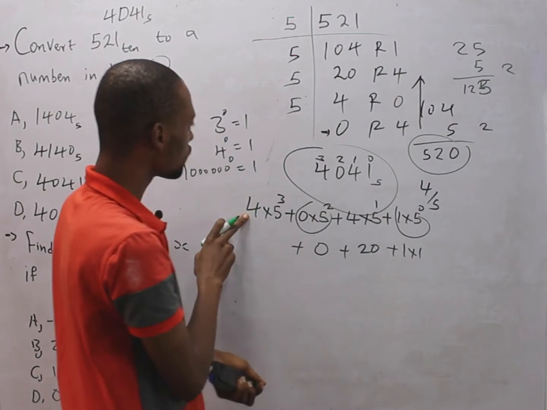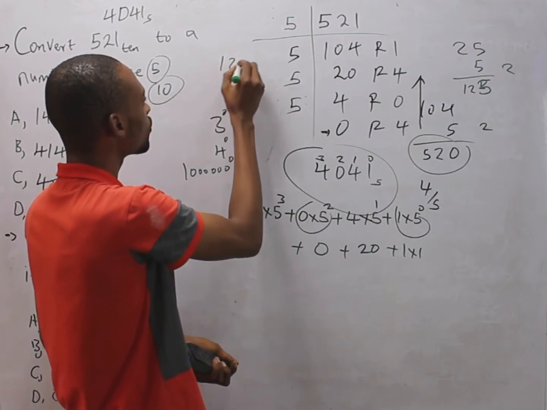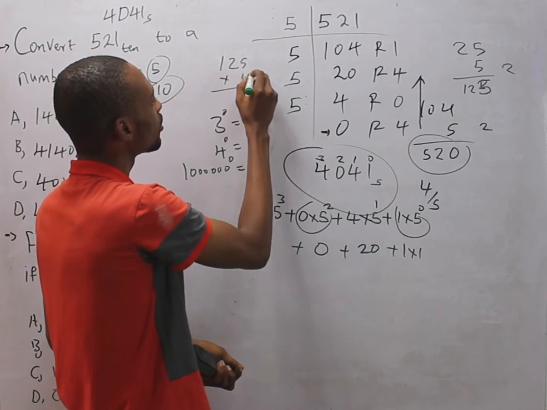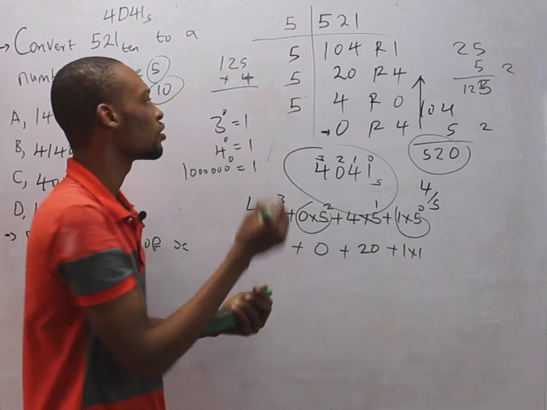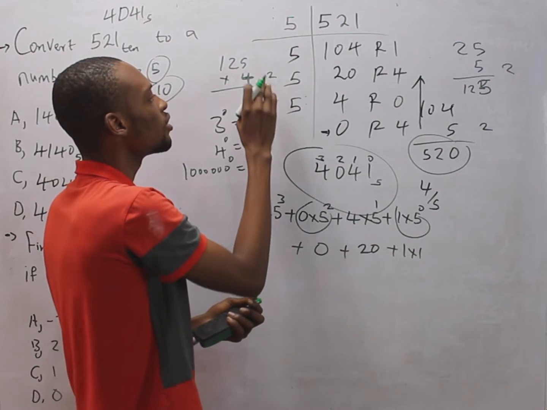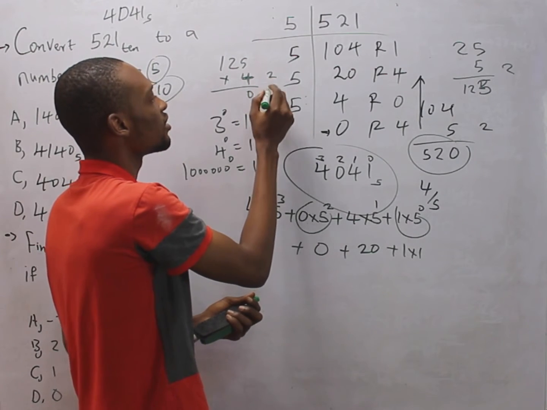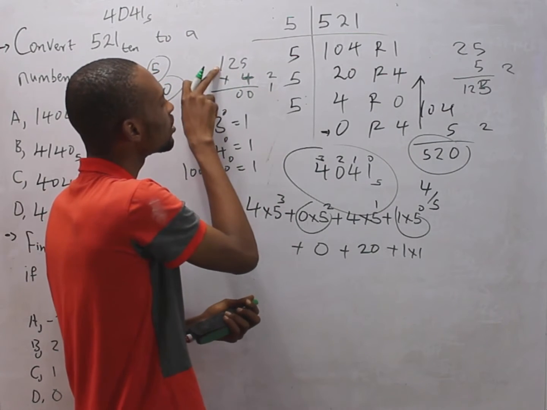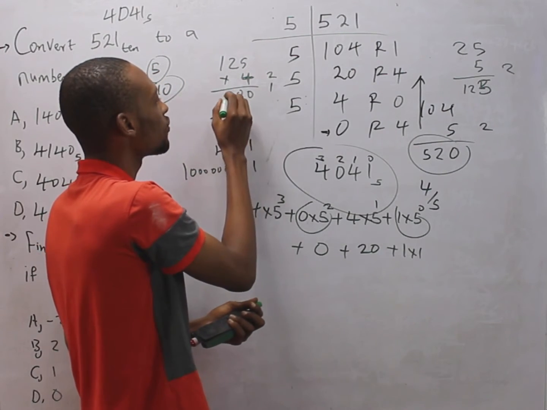So 125 times 4, you simply say 125, then 4 here, and times. 4 times 5 is 20. So we put down 0, carry 2. 4 times 2 is 8, plus the 2 we carried, 10. We put down another 0, carry 1. 4 times 1 is 4, plus the 1 we carried, 5.